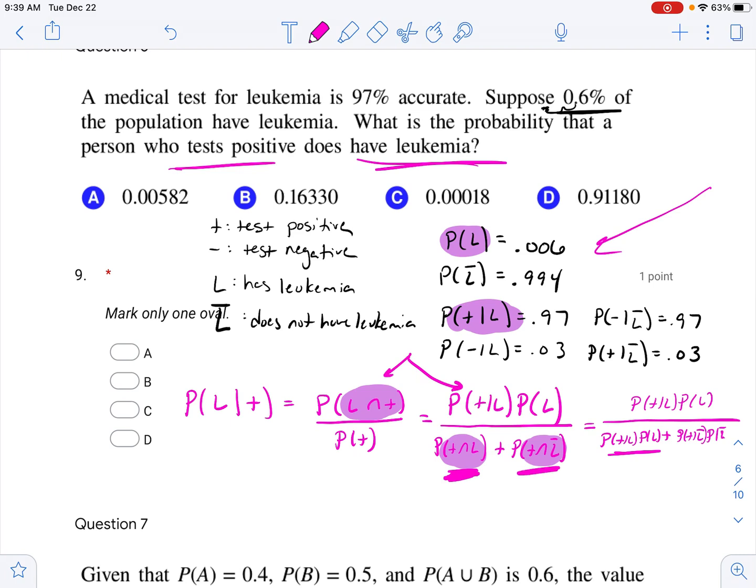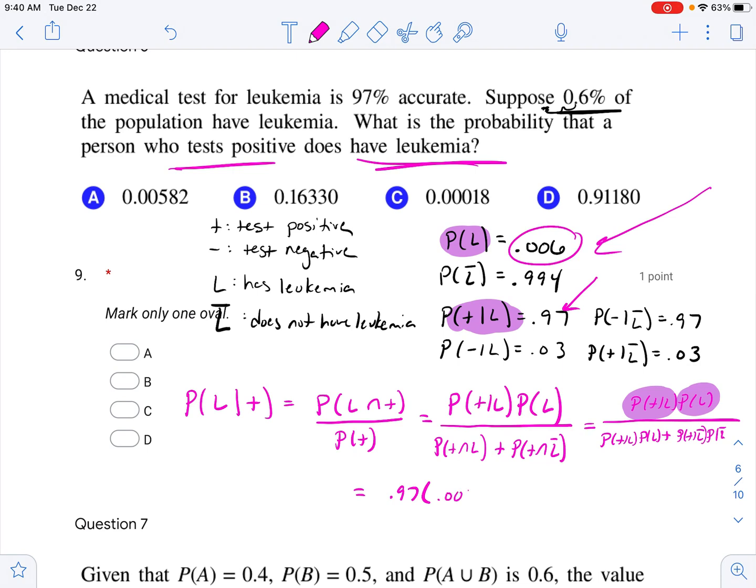All right, but now every one of these probabilities is stuff that was given. Let me clean this up so I can better highlight as I go. We're going to sub in for these values. The first thing I just highlighted is probability of plus given L, there's that 0.97, times the probability somebody has leukemia, that's 0.006.